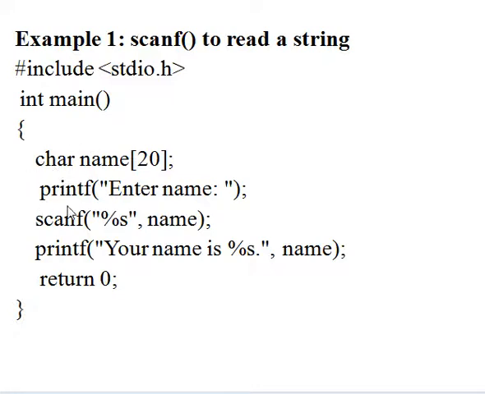Next, in the printf function I write "enter name", so we automatically get the enter name message on the output screen. Then we give some name, and to read that name we write the scanf function. The name we entered, which is a string, will be read by using scanf.